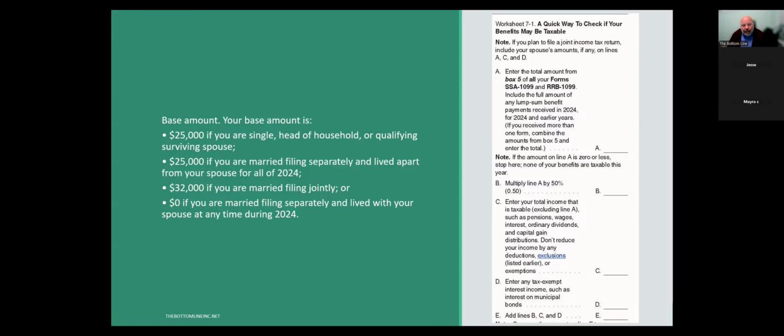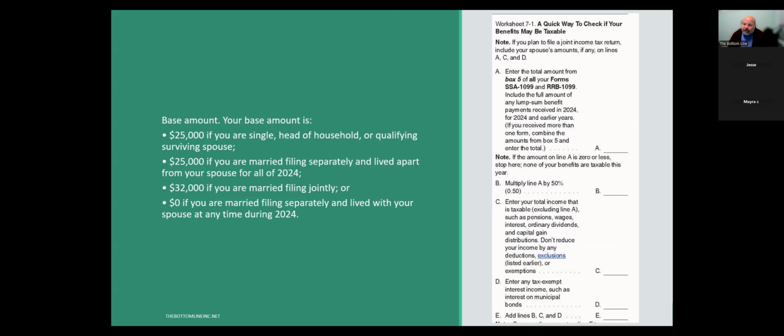So half of line A. Then we're going to do the total taxable amount, excluding line A. So all the other taxable income, that's your pensions, your wages, dividends, capital gain, all of that income we're going to enter on line C. We're also going to add in here tax exempt income.